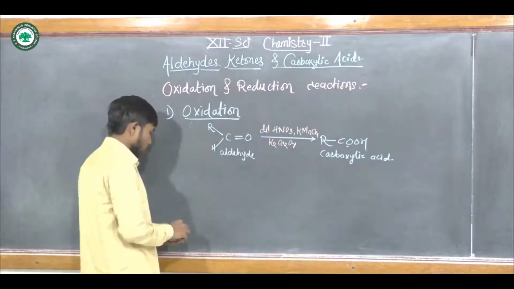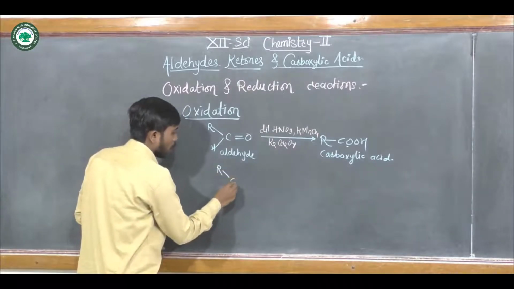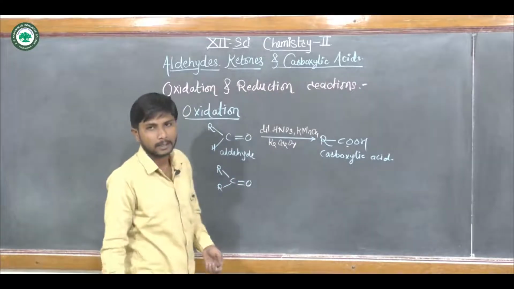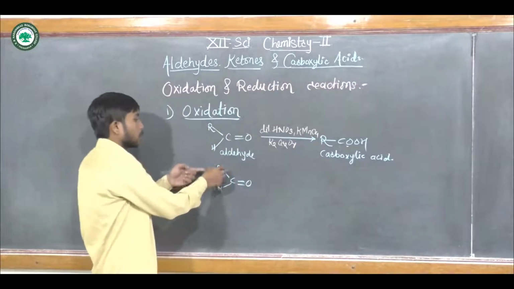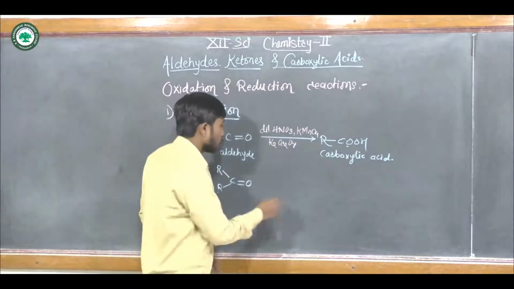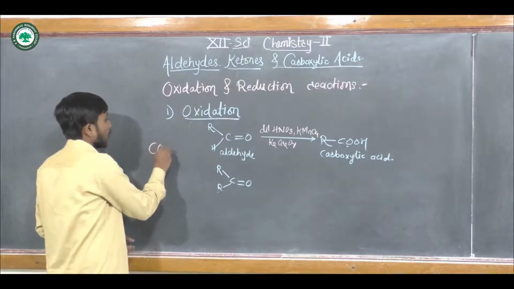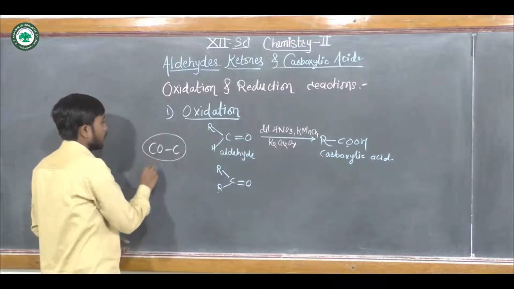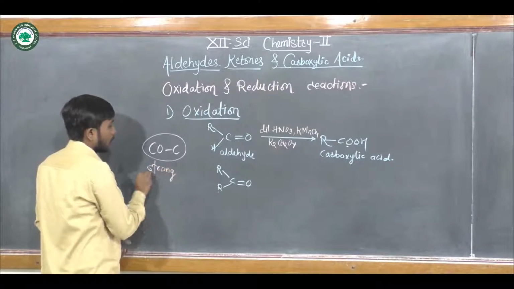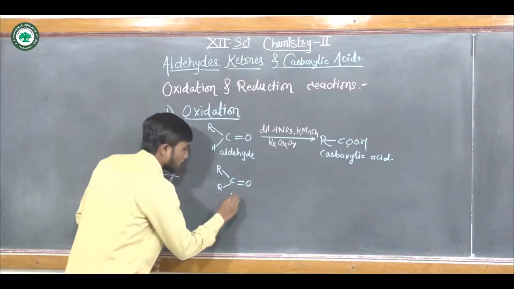In the case of ketones, they show some anomalous behavior while oxidizing. Why? Due to the strong bond between the alkyl groups and the carbonyl carbon. These bonds are strong in the case of ketones.